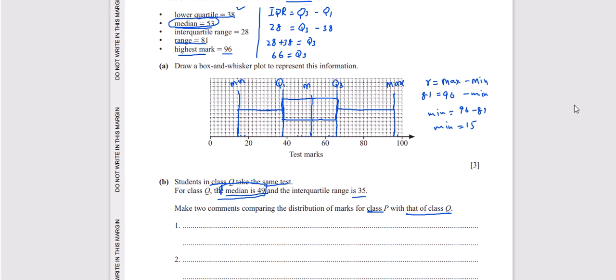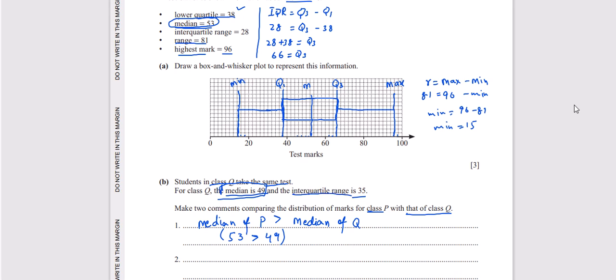So first is median of class P is greater than median of class Q. That is, the median of class P is 53 and median of class Q is 49, like that. And second comment is we compare interquartile range.